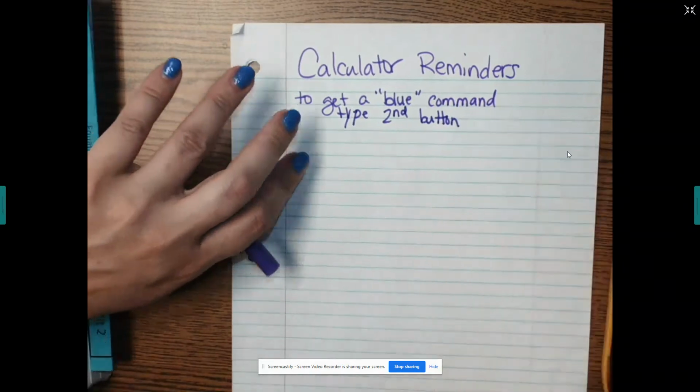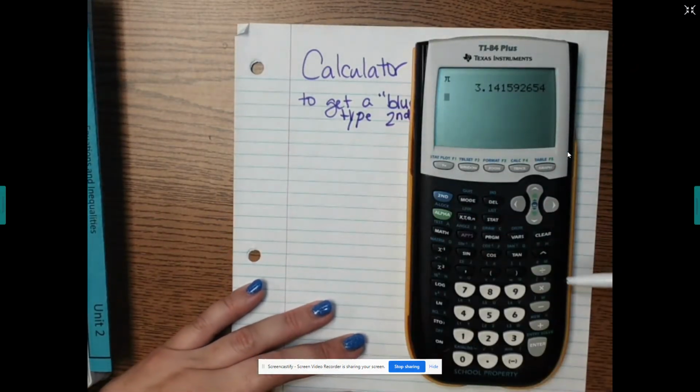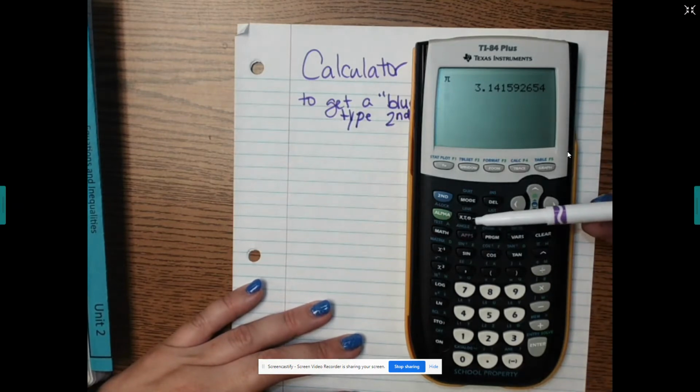Okay, and there's nothing crazy about it, like the second button is blue. So if I want to get to a blue button, I push the blue second button. If I want to get to a green button, which we won't use in middle school, the green button gets me to all of these other green letters. Okay.